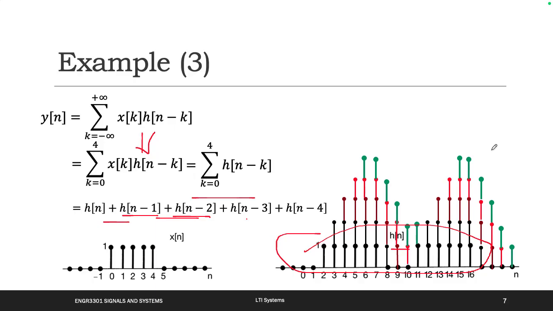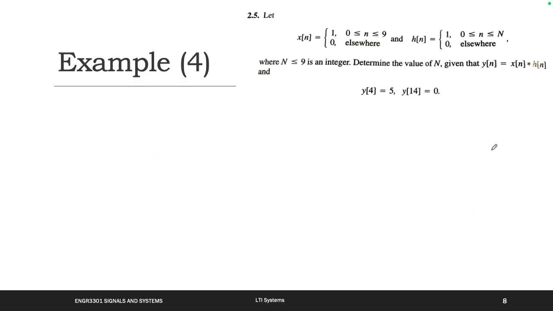Any questions so far? Okay, and then let's talk about the other question. Actually, this is a homework. Our xn is this signal here, and our impulse response is this one.